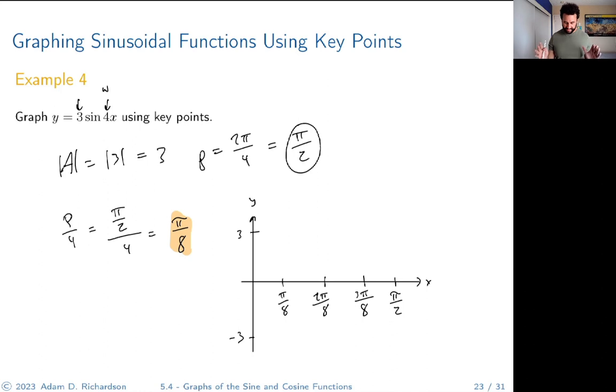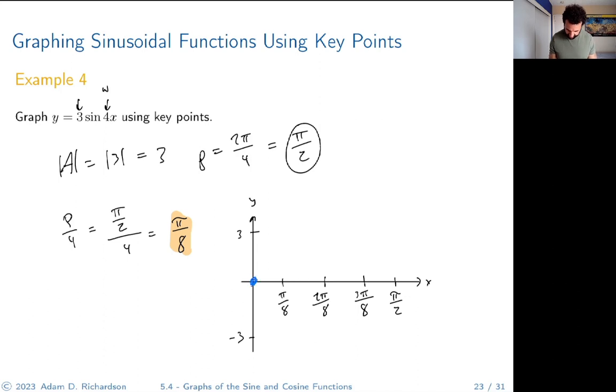Okay, so now what does the sine curve normally look like? It normally looks roughly like something like this, right? Except now all of those peaks and troughs, those peaks and valleys, are going to occur at these points. So let's try to graph it like so.